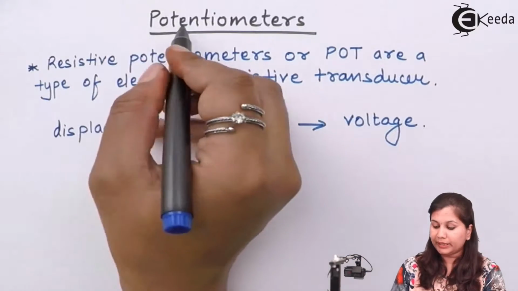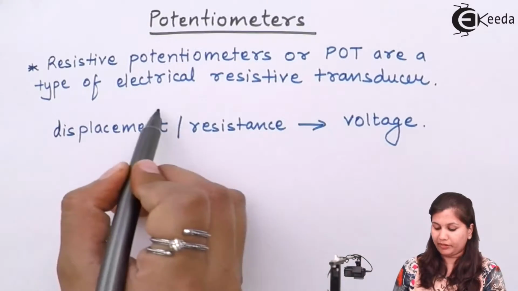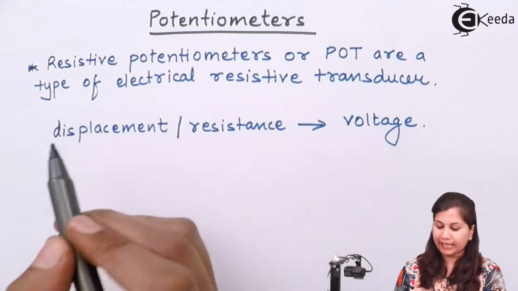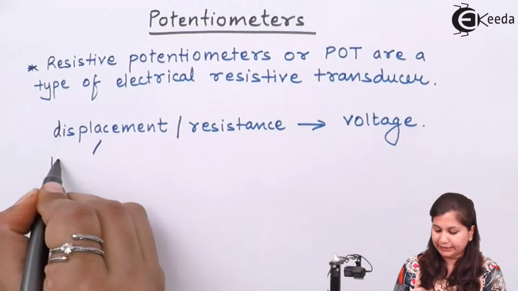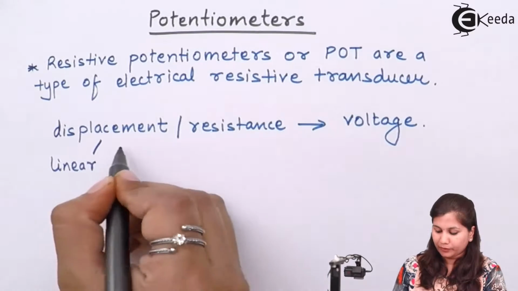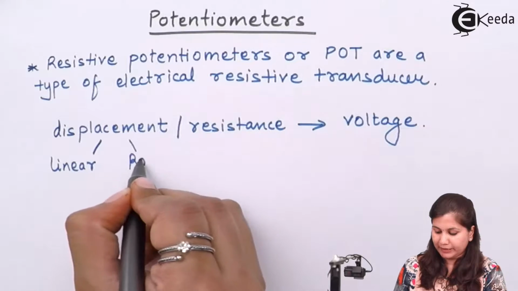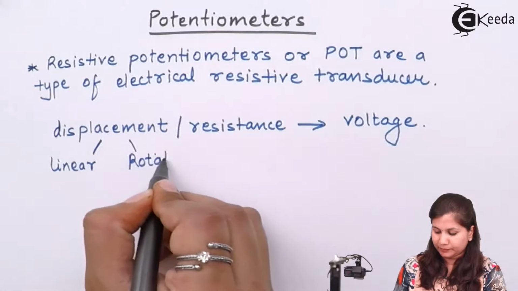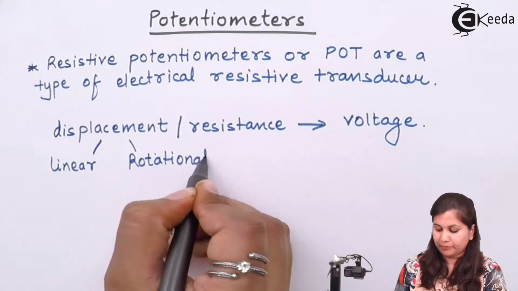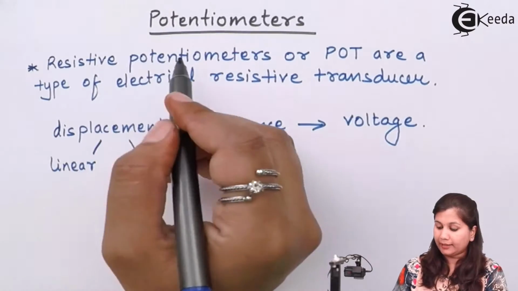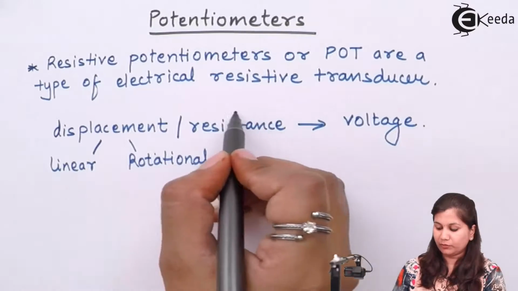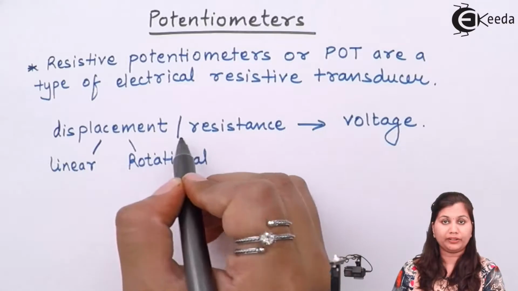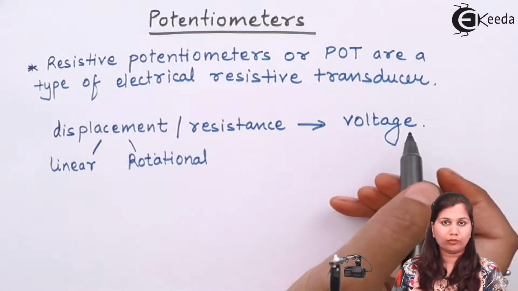With the help of potentiometers we can measure any type of displacement, like linear or rotational displacement.